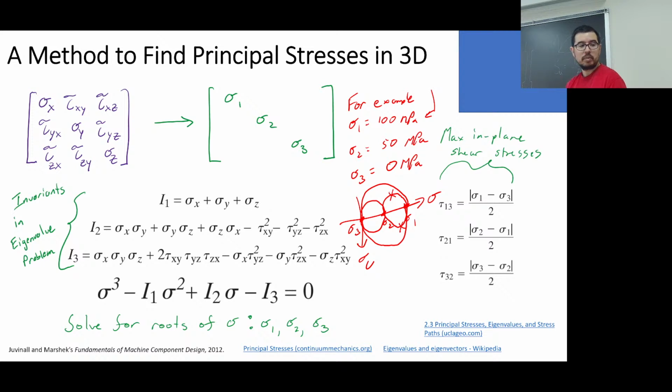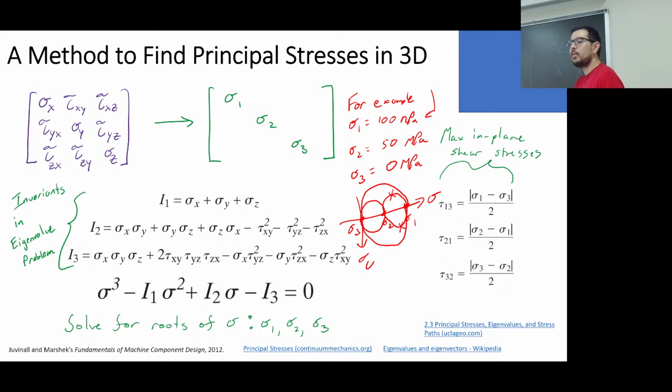And hint, hint, 1-3 is usually the one that we're concerned about, because that is the maximum normal stress and the minimum normal stress, and that's going to lead to a high shear stress. We're normally concerned about it because many of the materials that we deal with in this course are ductile, and shear stress is what kills us, right?